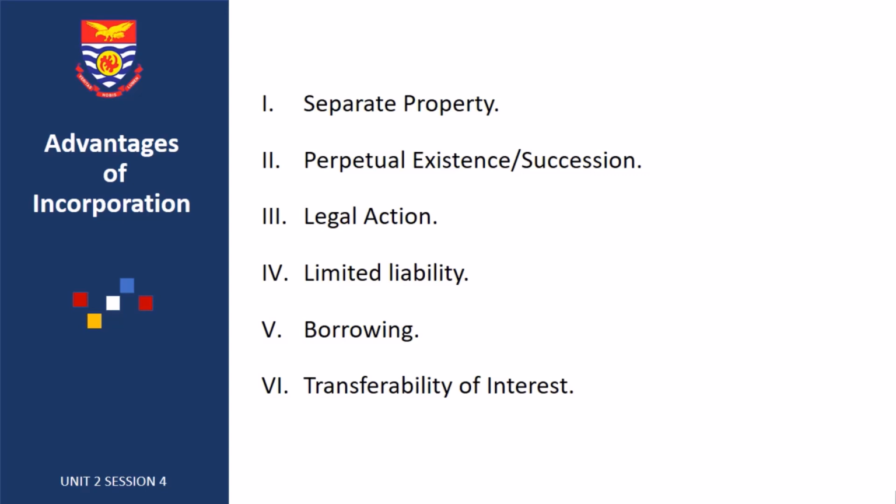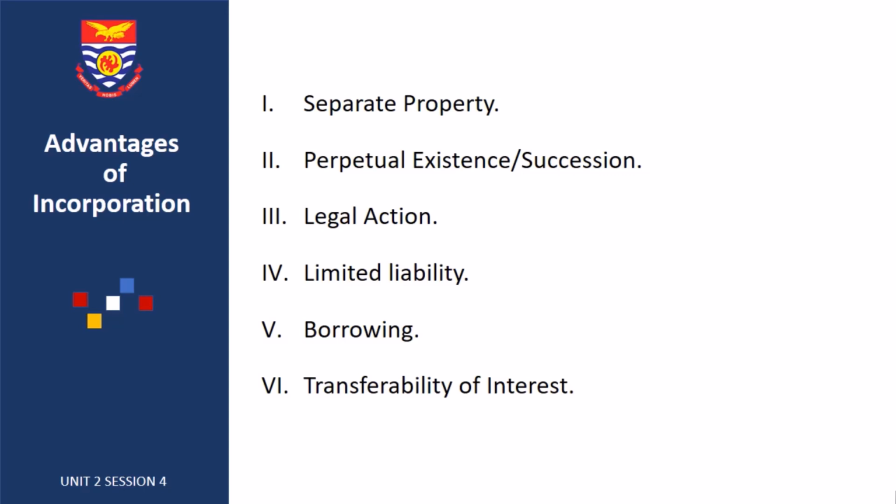Now, once the company is incorporated, there is limited liability. What we mean is that the liabilities of a company are limited in a certain sense. In terms of liability, you have to look at the type of company in question. For instance, if you take a company unlimited by shares, it means that the liabilities of the members or shareholders are not limited.